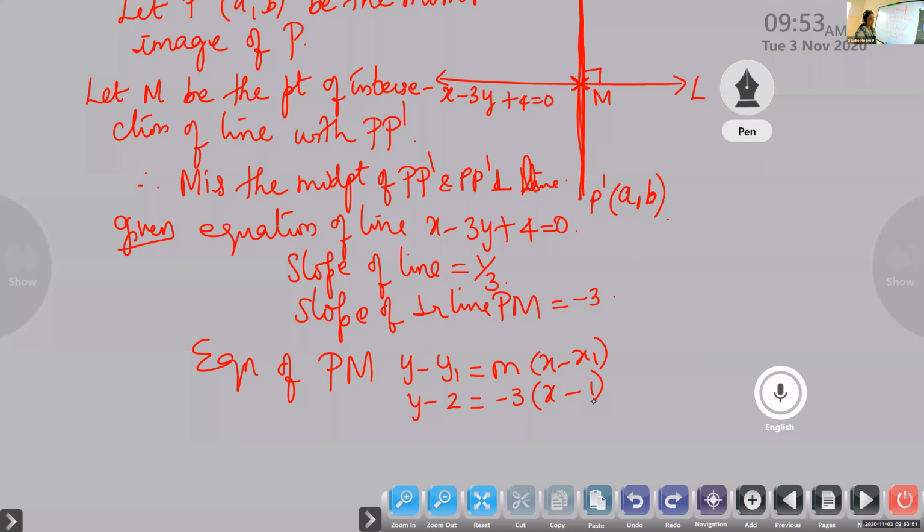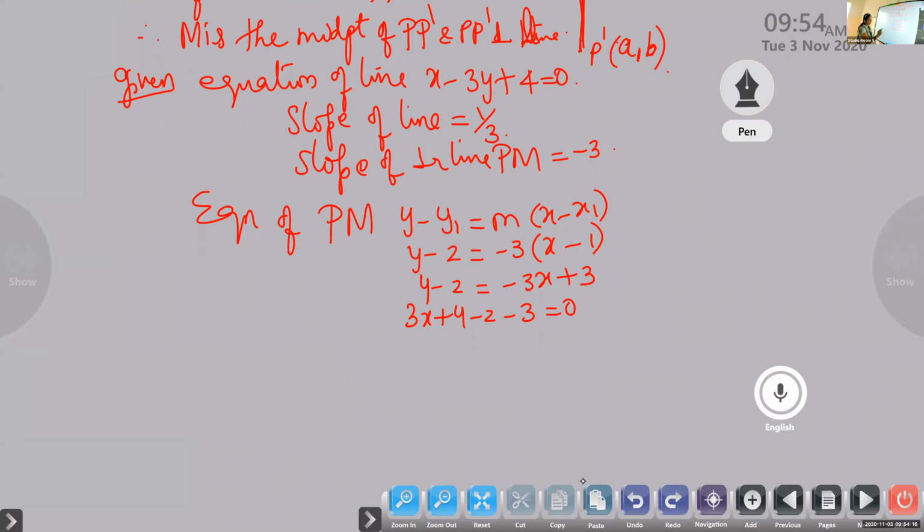Is it correct, Aparna? So y minus 2 is minus 3x plus 3. If you take all the terms to one side, you get 3x plus y minus 2 minus 3 is 0. So the equation of PM is 3x plus y minus 5 is 0.